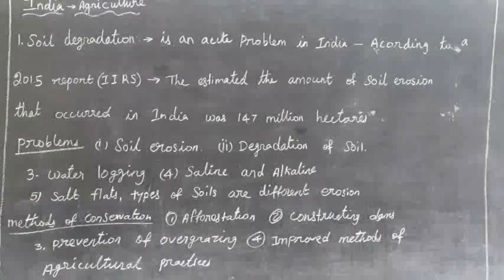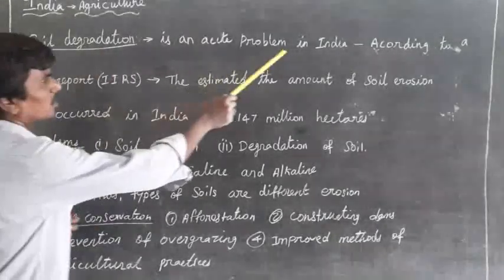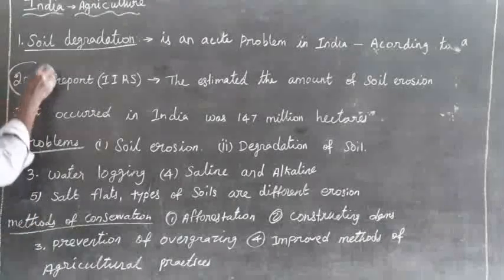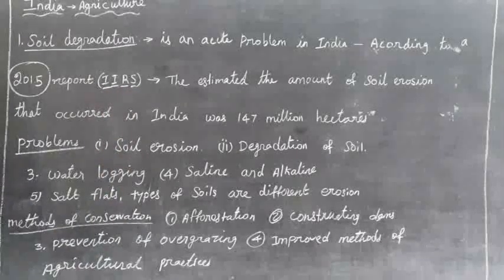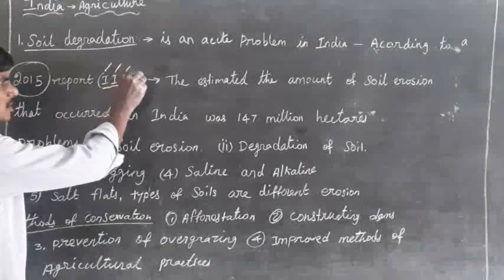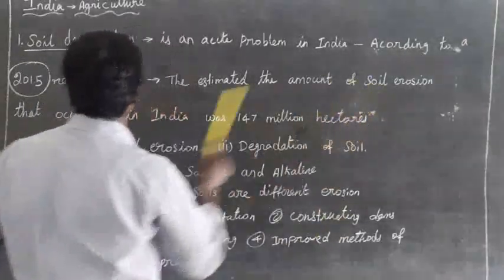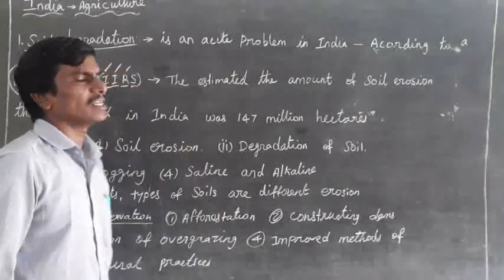Next topic, soil degradation. Soil degradation is an acute problem in India. According to a 2015 report by the IIRS, the Indian Institute of Remote Sensing, the estimate of soil erosion in India was 147 million hectares.